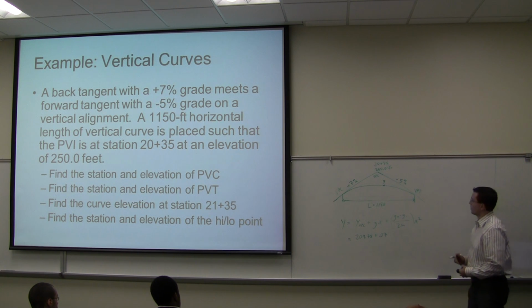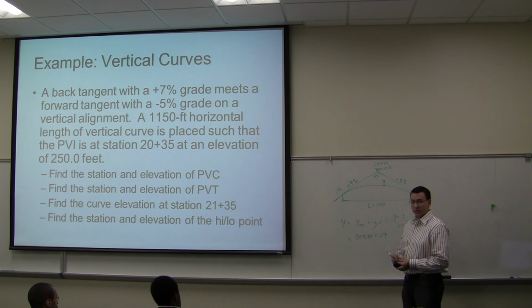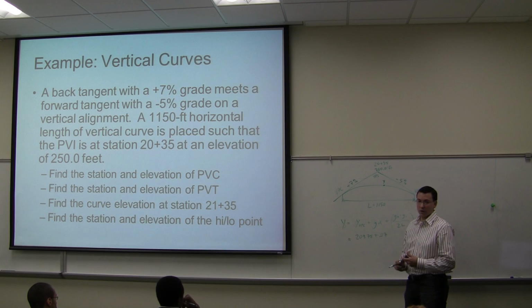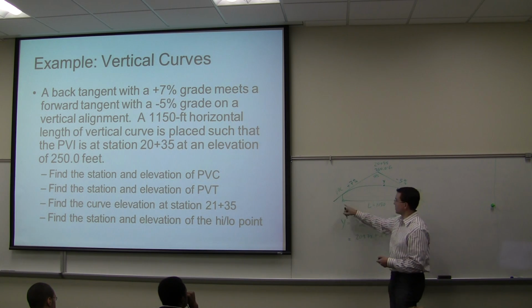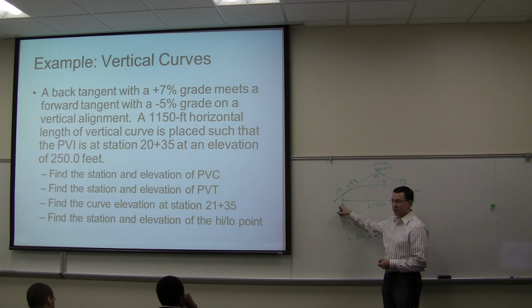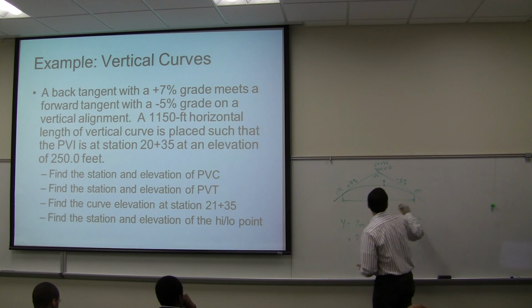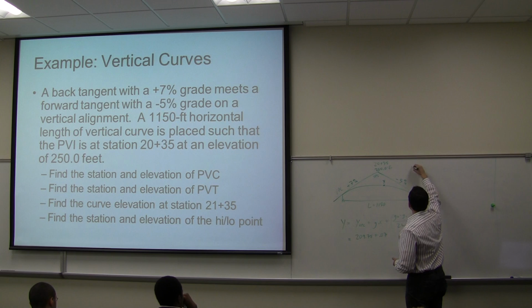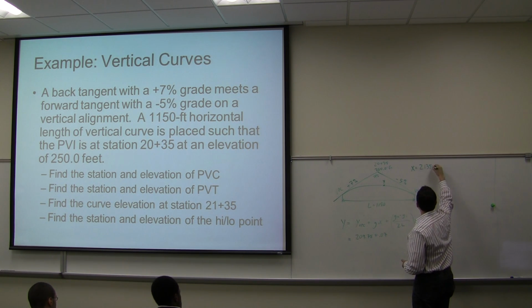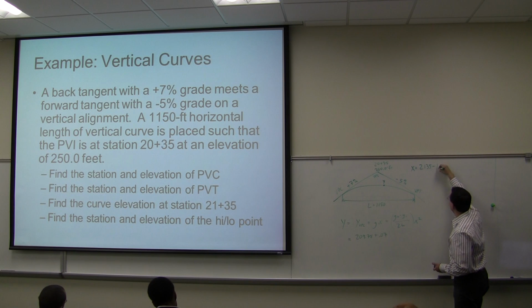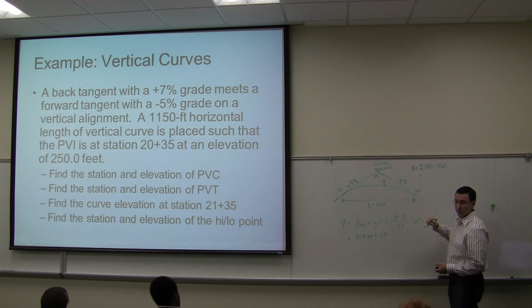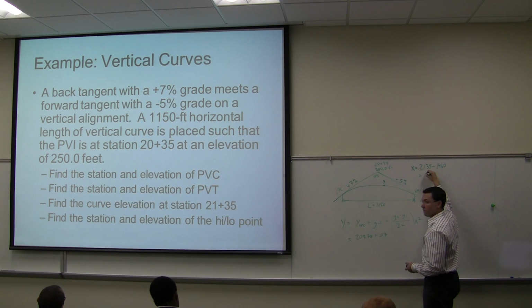It's the distance, assuming that our VPC is at X equals 0. So you do 2135 minus the VPC station. 2135 minus, what was it? 1460. That's going to give you 675.